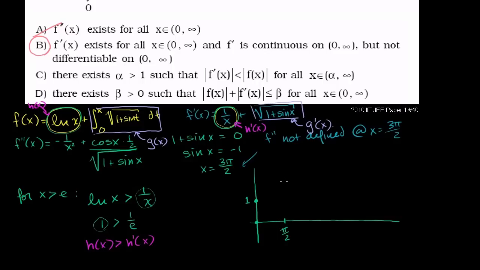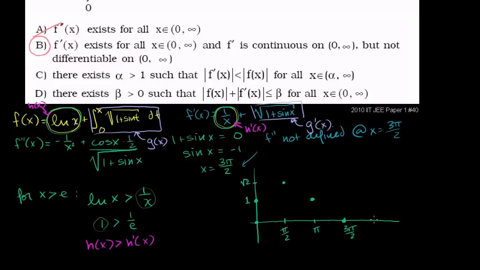So it's going to be the square root of 2, which is someplace around here. Then when x is pi, sine of pi is 0, this becomes the square root of 1 again, so we're back over here. Then let's go to 3 pi over 2. Sine of 3 pi over 2 is negative 1, negative 1 plus 1 is 0, so we're going to be down here.